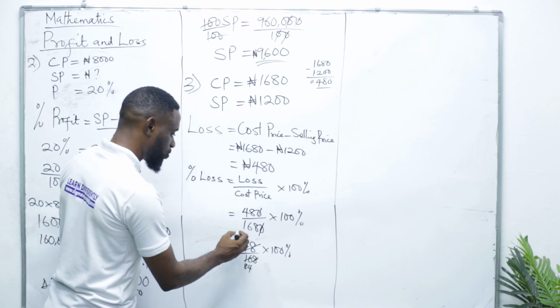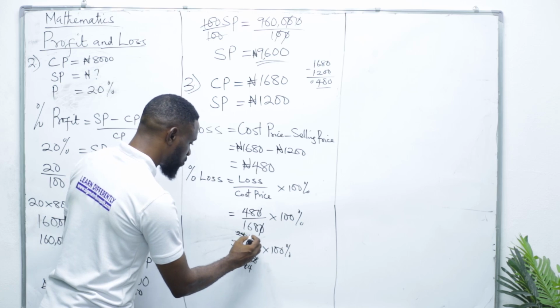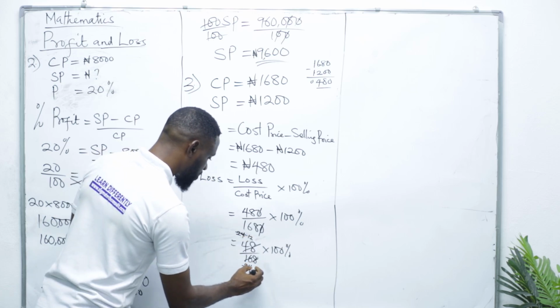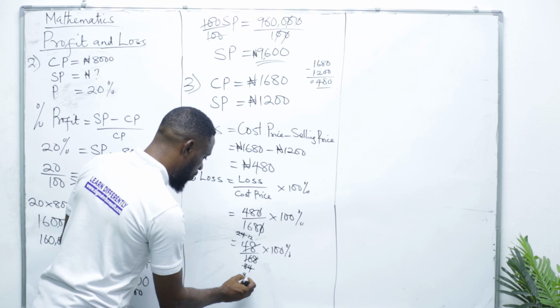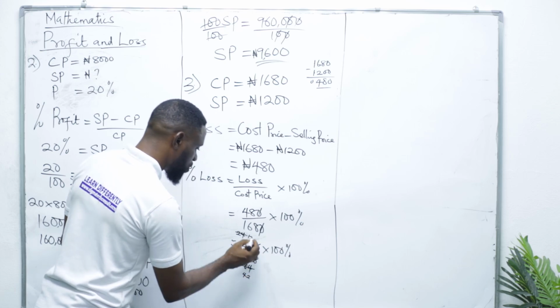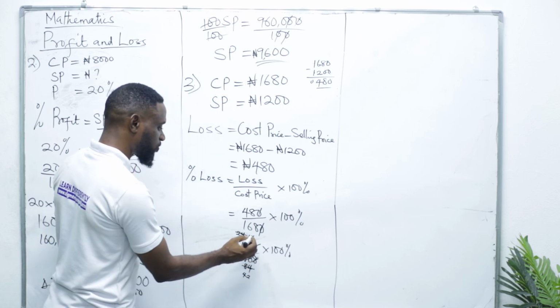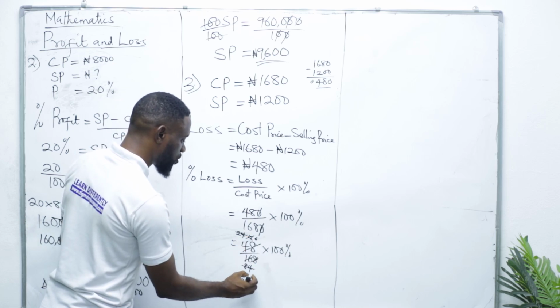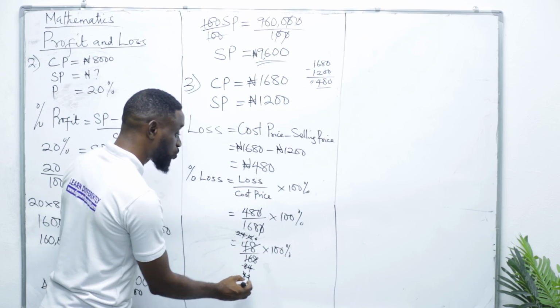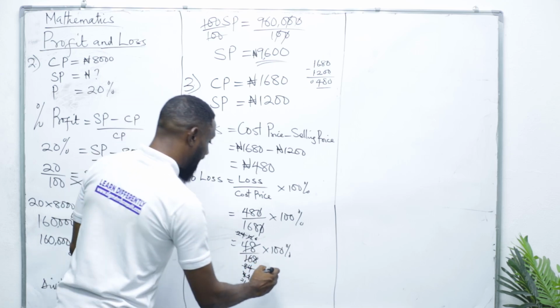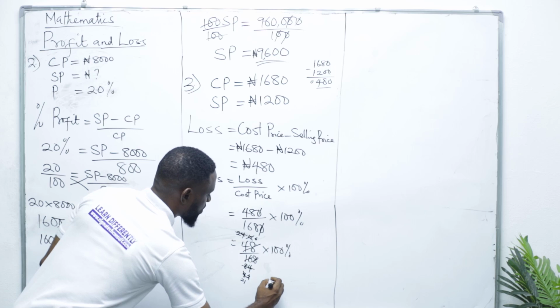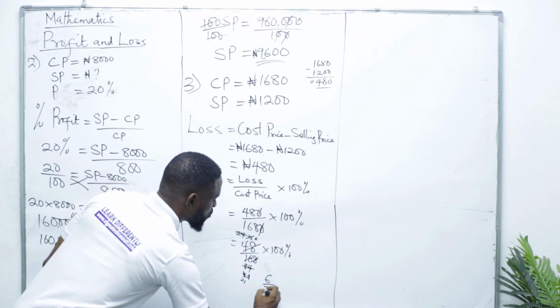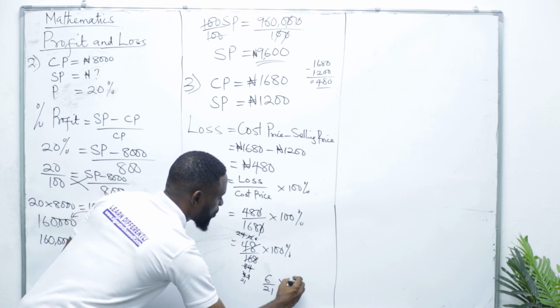We can still reduce by 2. 2 in 24 is 12, 2 in 84 is 42. 2 can still go into 12 to be 6, 2 in 42 is 21. So we are having 6 over 21 times 100%.